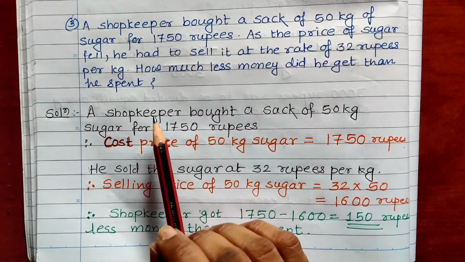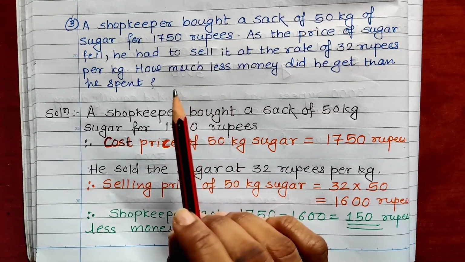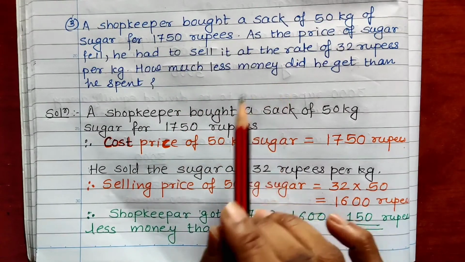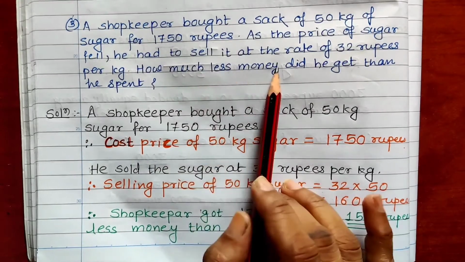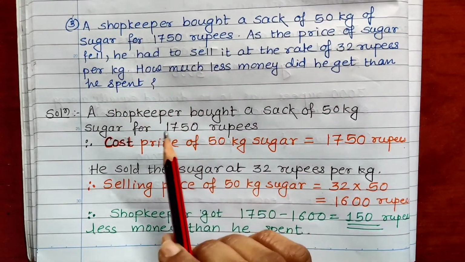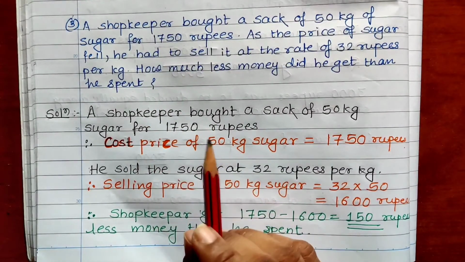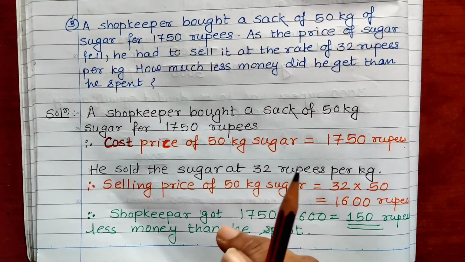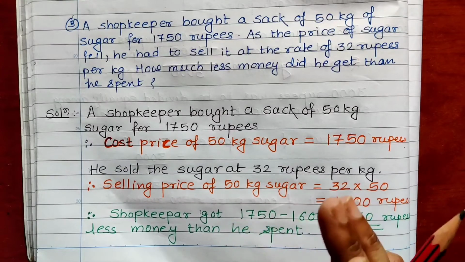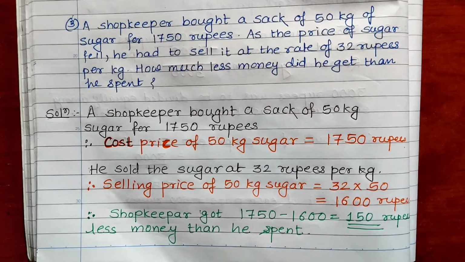For 1 kg he has to take 32 rupees from his customer. So how much less money did he get than he spent? He spent 1,750 rupees. And how much amount he got, that we have to find first. And then how much less the amount he got was than he spent. So let us see.